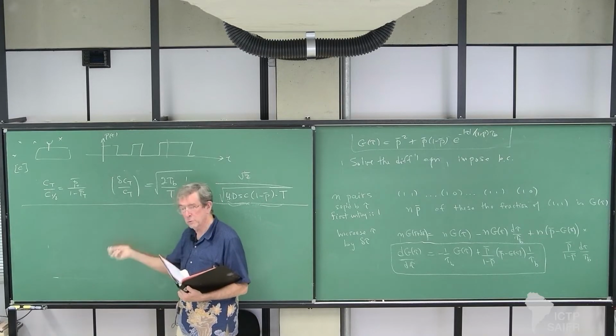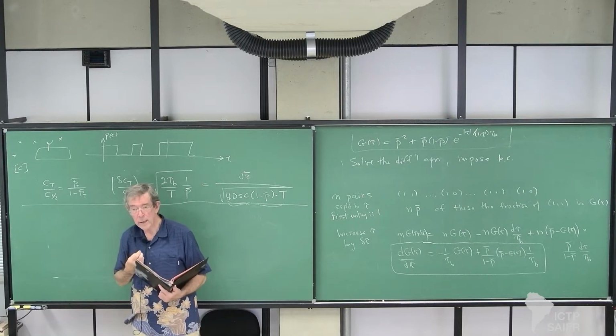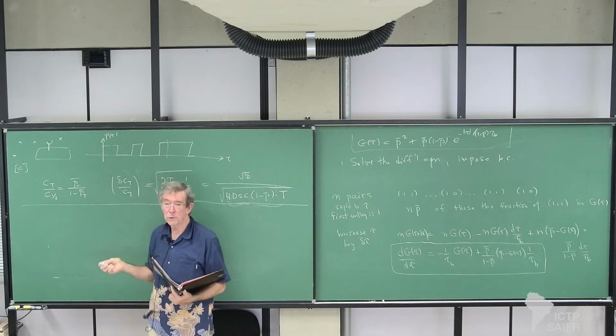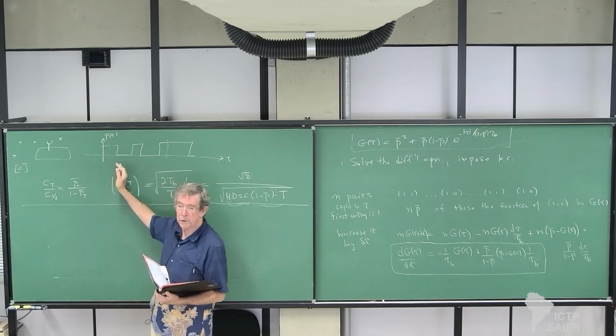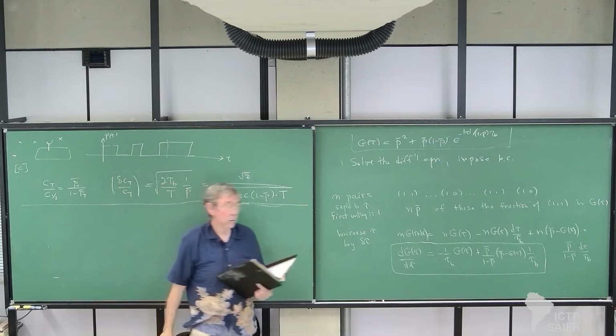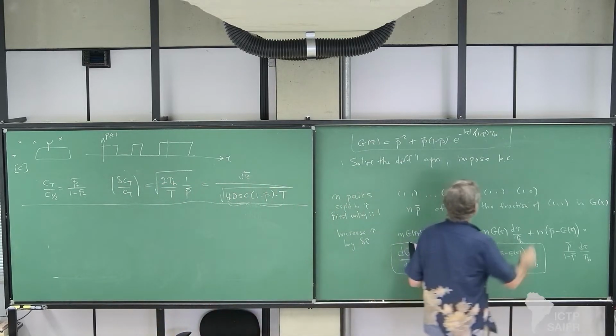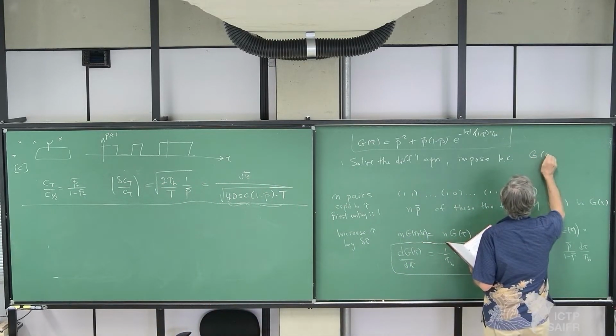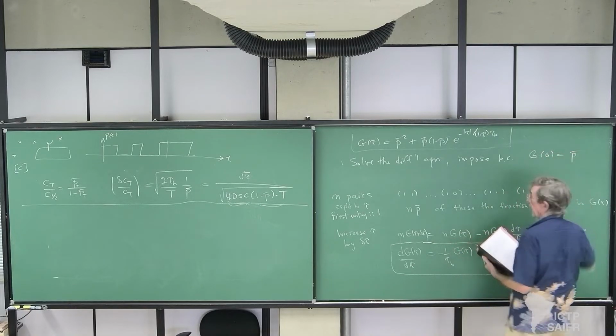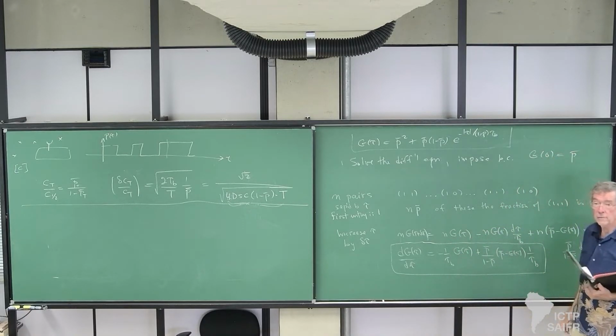If the first one was 1, the second one will be 1. And so if you average over all of those, you're just taking the average of the occupation number. So g of 0 has got to be that. That's the boundary condition.